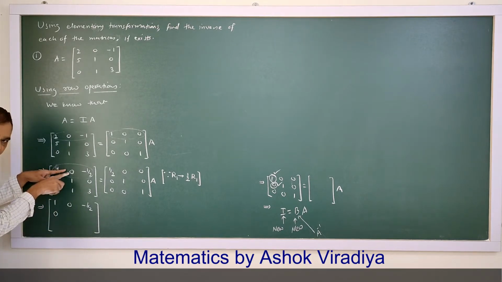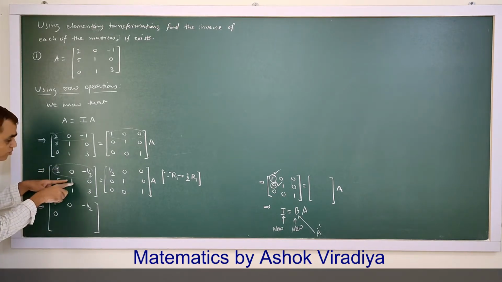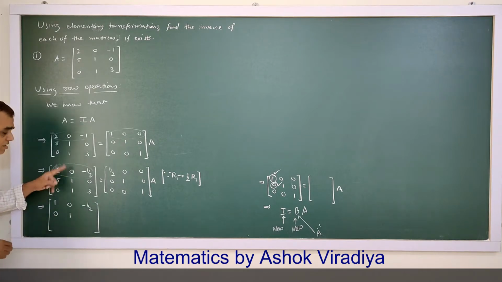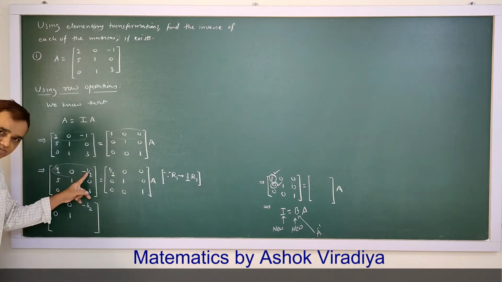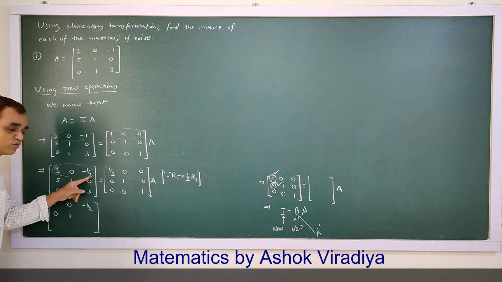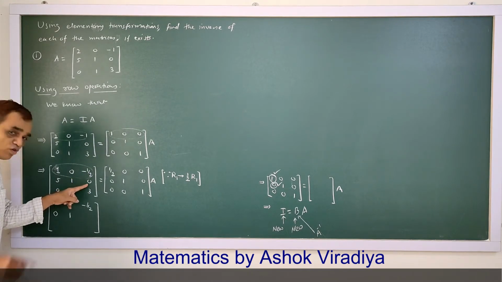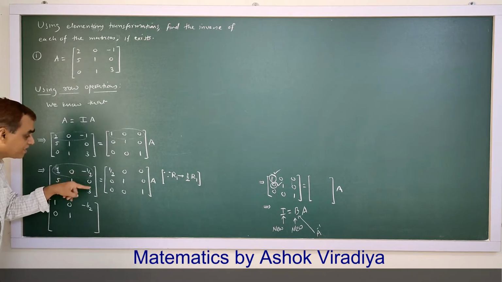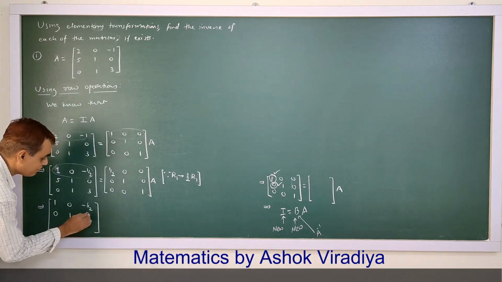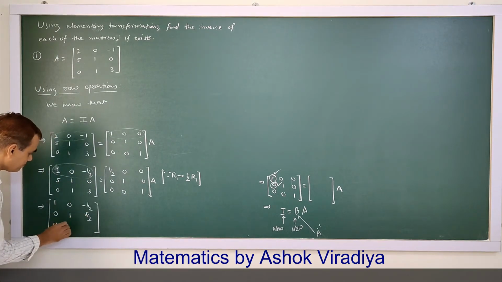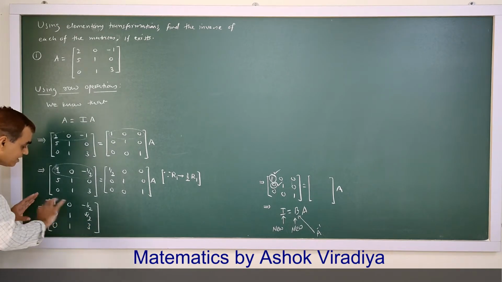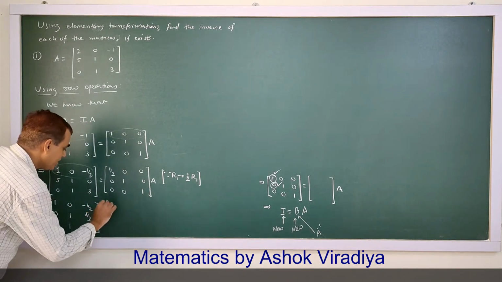Multiply by 5, product is 0. Here no change. Multiply by 5, so product is minus 5 and subtract here. So 0 minus 5 by 2, that is plus 5 by 2. And whatever is done here, same procedure here.